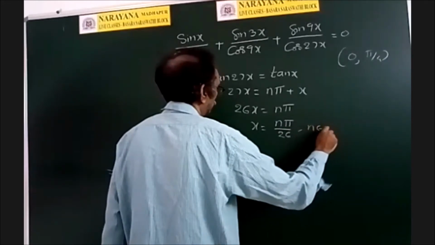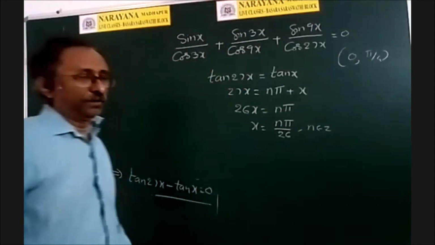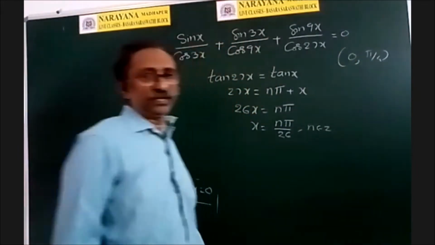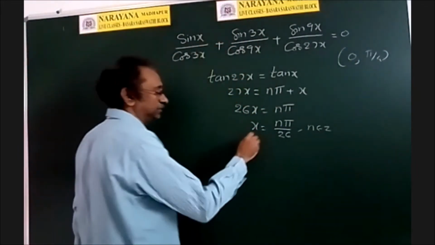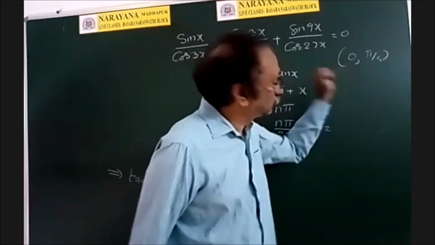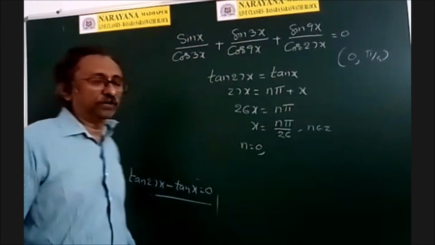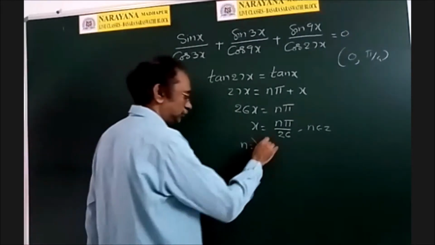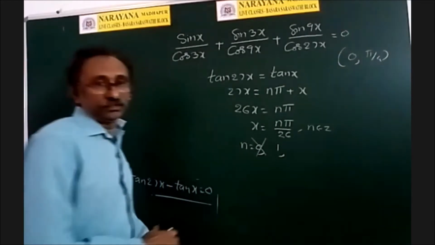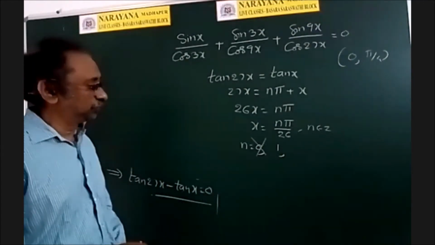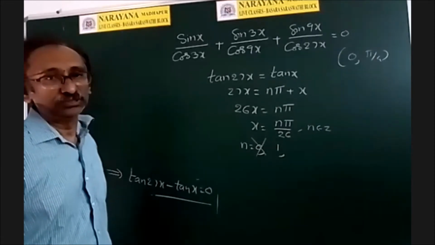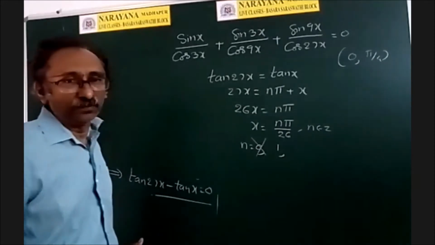N belongs to Z. But if you take n negative number, that does not belong to 0 comma pi by 4. So put n is equal to 0, you will get x is equal to 0, but it is given as an open interval. So 0 does not belong to that set. So you should not take 0, because it is not in the domain 0 comma pi by 4.